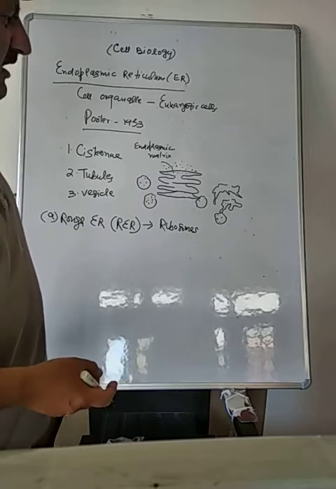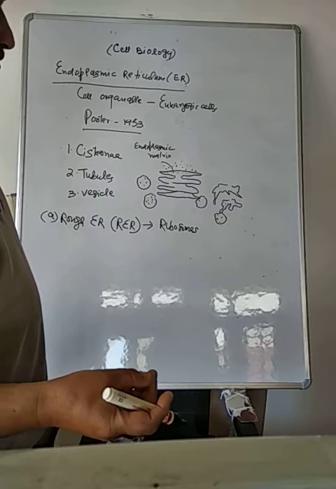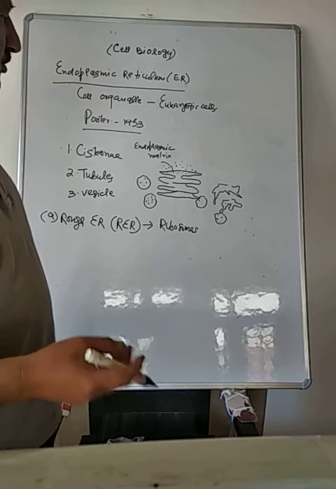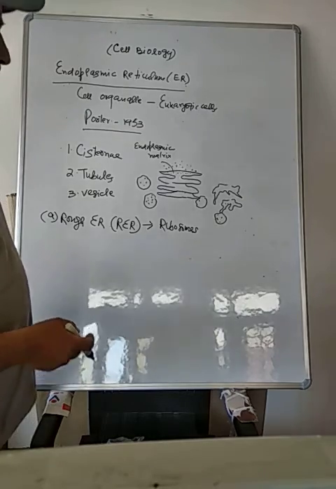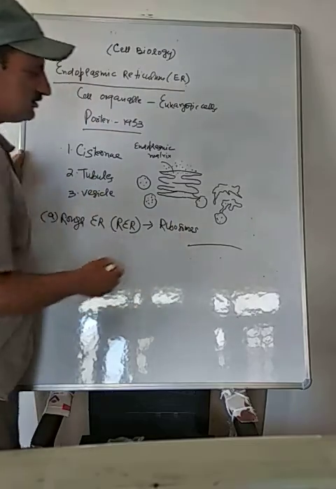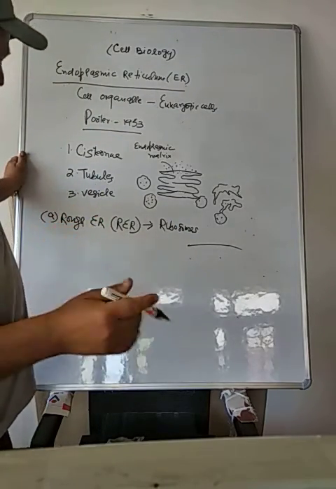Now, the second one is where protein formation is very low, where the cells or organs do not need so much protein. You will see that the endoplasmic reticulum will look smooth. That means there will be a low quantity of ribosomes, or no ribosomes.